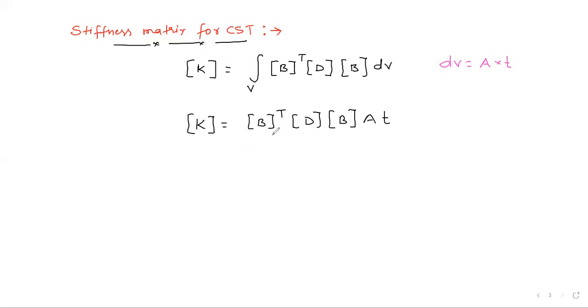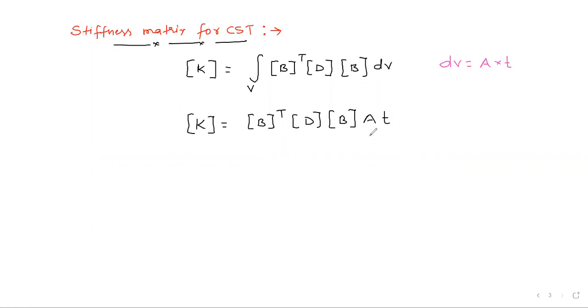We just need to find the transpose of B matrix into D matrix into B matrix into A into T. All these terms we will discuss. What is this D matrix? What is this B matrix? What will be the area? How will you calculate the area of the given triangle? They will not give the base and height, that is half into base into height.